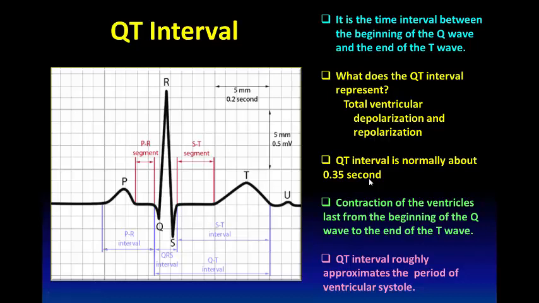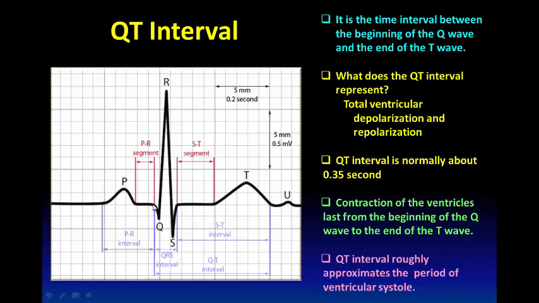This electrical interval coincides with the contraction of the ventricles, because ventricular contraction lasts from the beginning of the Q wave till the end of the T wave.